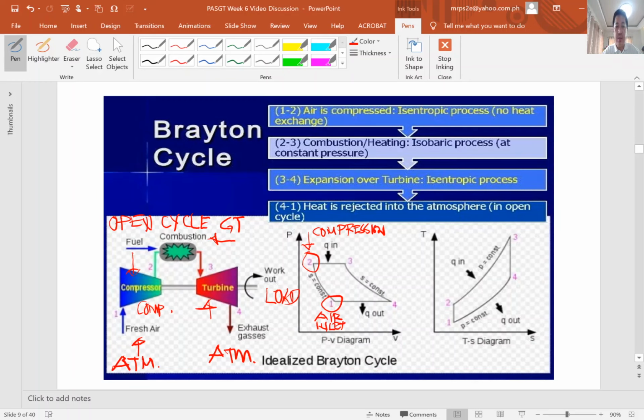And then from 2 to 3 is combustion or heating, the isobaric process at constant pressure. As you can see here in this PV diagram, the pressure is constant. This is a single line, 2 to 3. So in our PV diagram, it starts here, the pressure is here and the volume is here. So the pressure is constant.